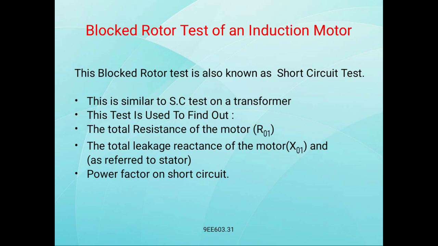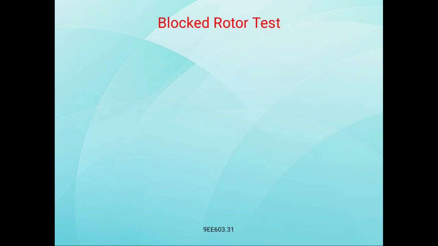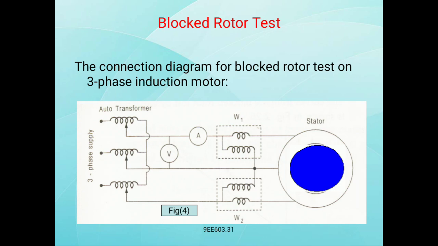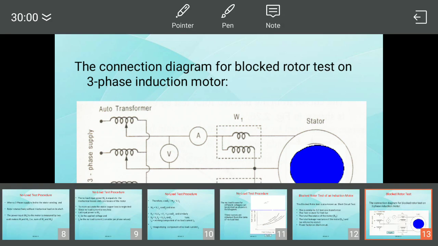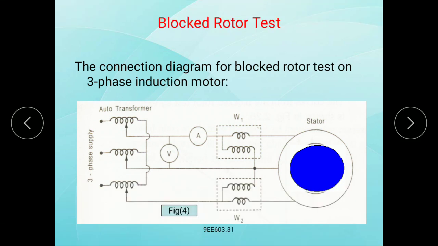Here is the power factor on short circuit, blocked rotor test. So here is the connection diagram for the blocked rotor test on a 3-phase induction motor. This is the stator and this one is the rotor.